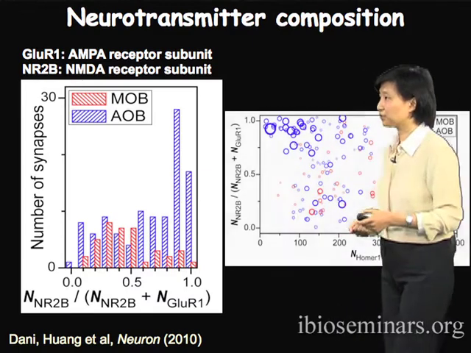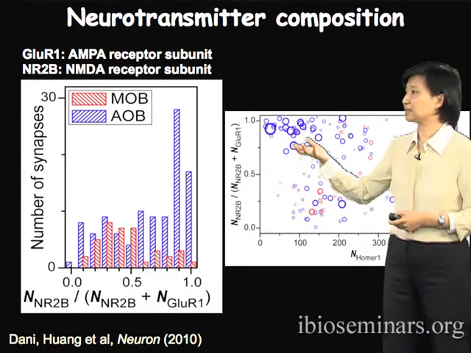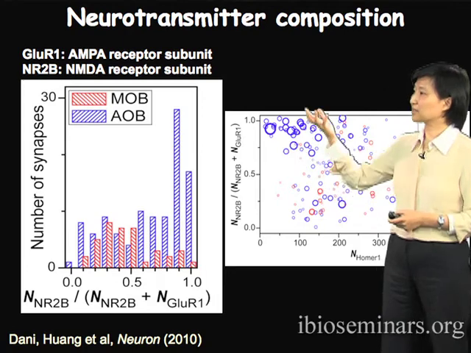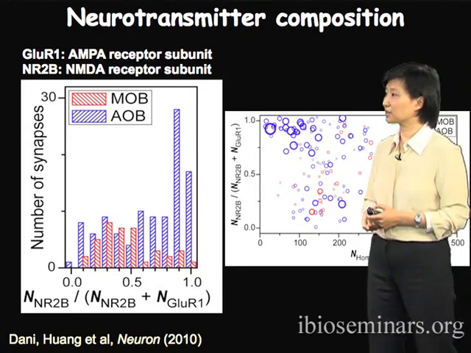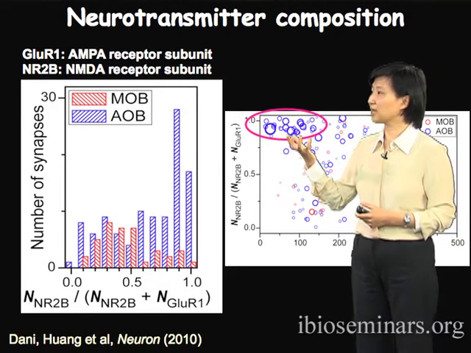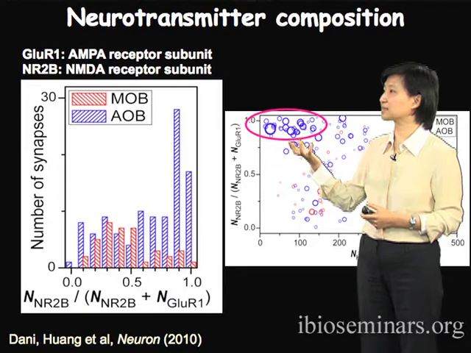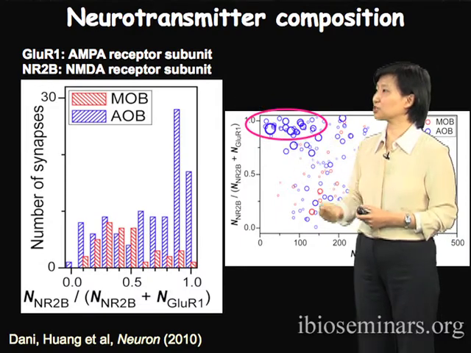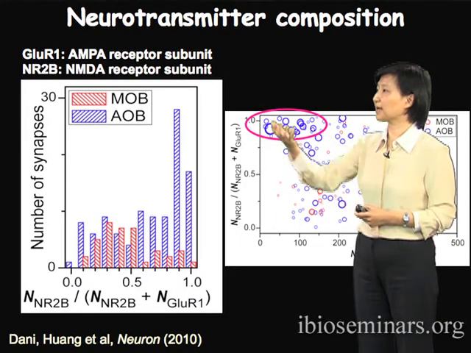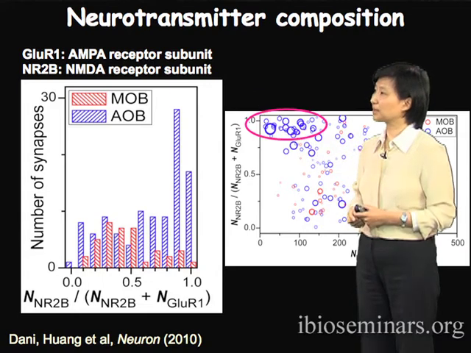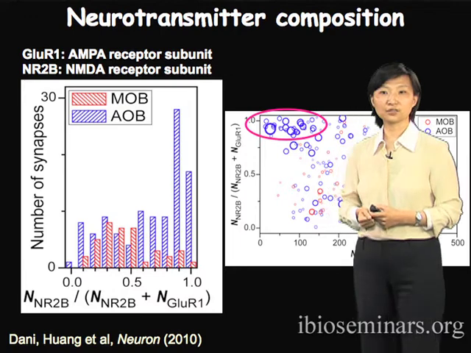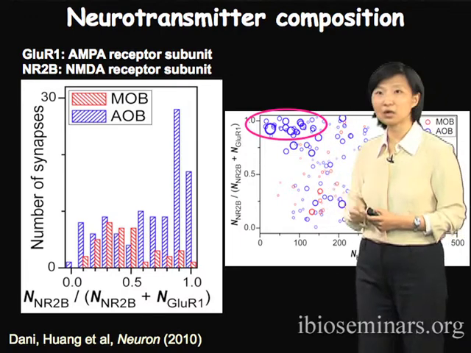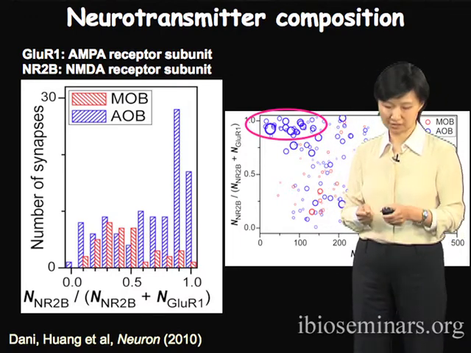And if we further look at the postsynaptic density marker, Homer1 and other postsynaptic density proteins, we found that these synapses that predominantly have this NMDA receptor subunit NR2B, but largely lack the AMPA receptor subunit GluR1, they also have a very small amount of the postsynaptic density protein.